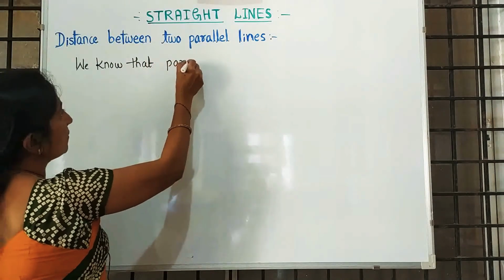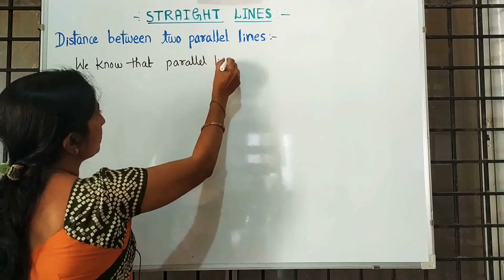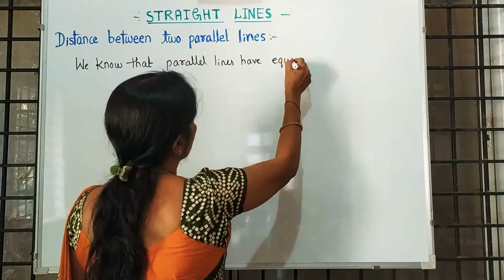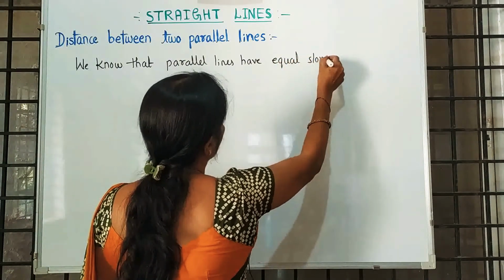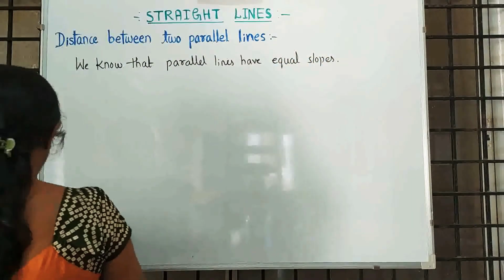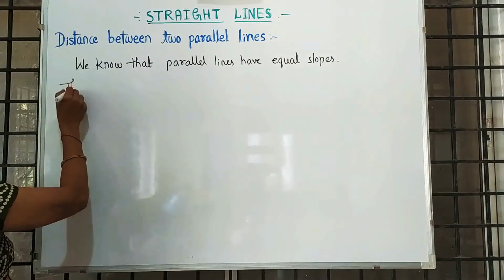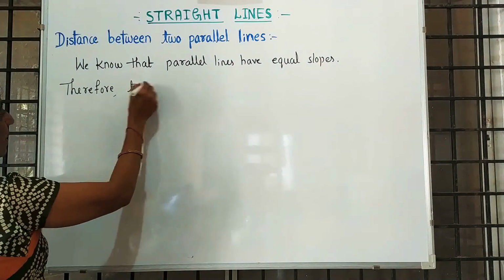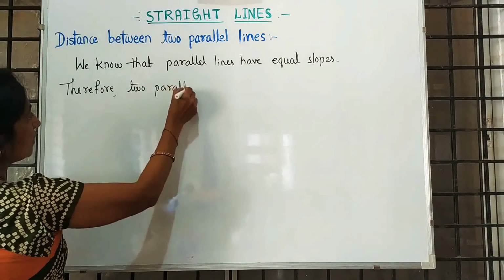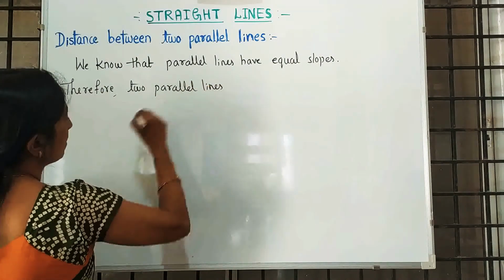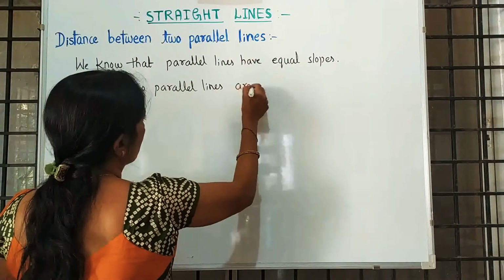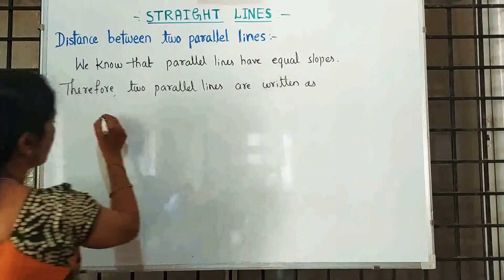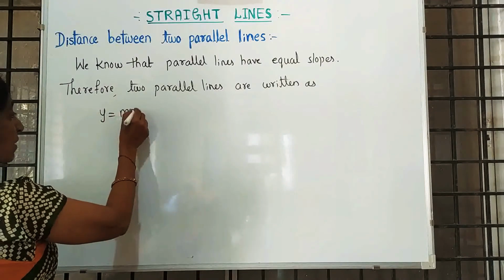parallel lines have equal slopes. Therefore, two parallel lines are written as y is equal to mx plus c1.